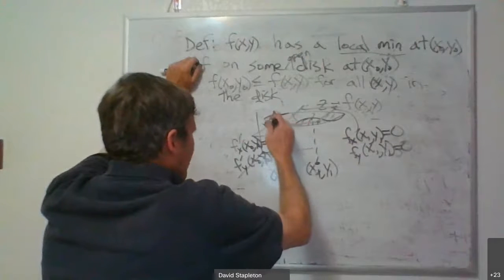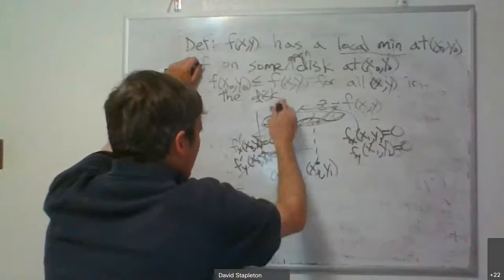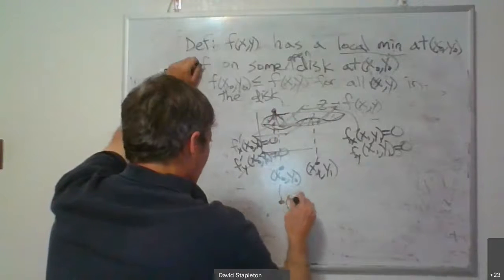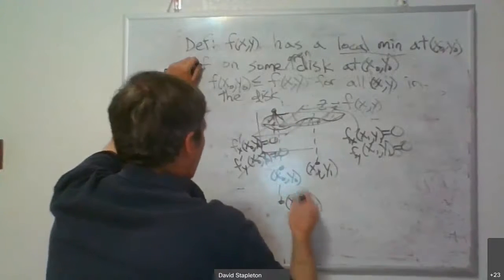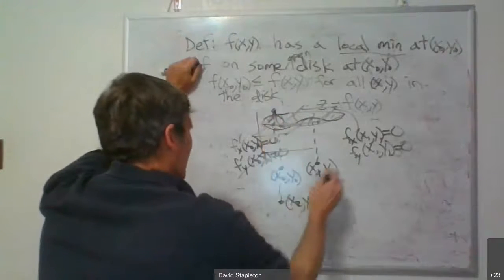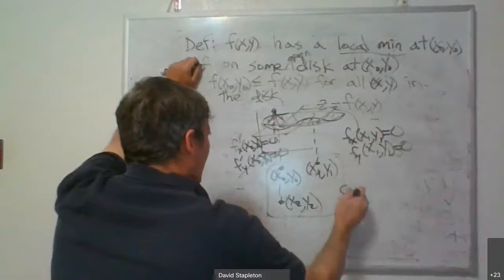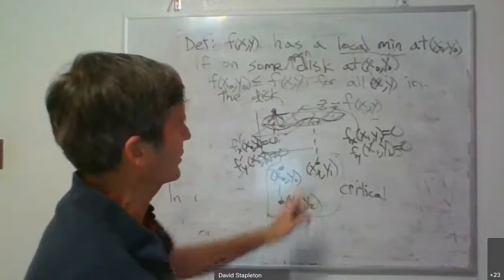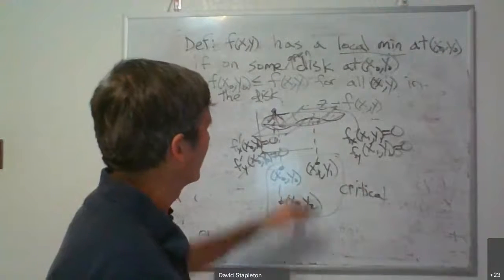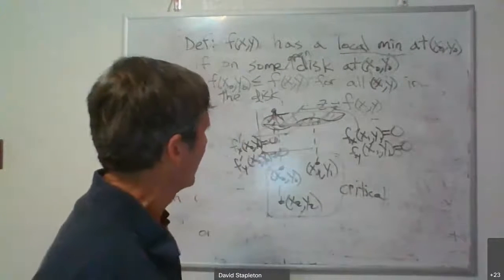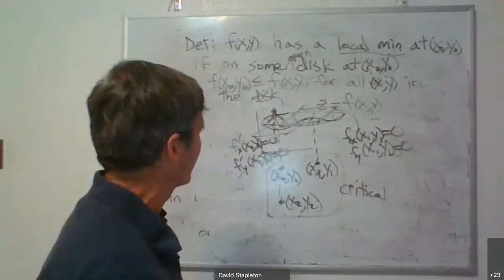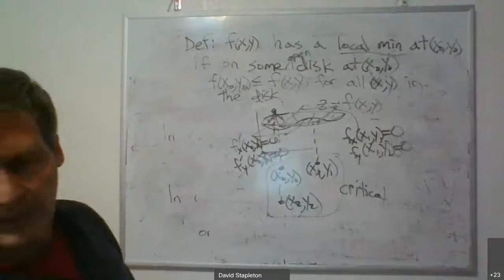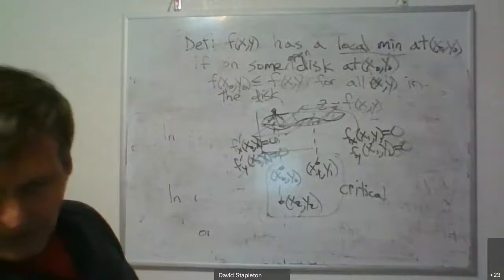And it's not differentiable at a spike. So here's a point here, maybe x2, y2, that's also a critical point. So these are all critical points. Two of them are critical because the two first partial derivatives are zero, and you have a horizontal tangent plane, but one of them is a point where you can't take the derivatives. So that's what we're thinking of visually when we write this stuff down.